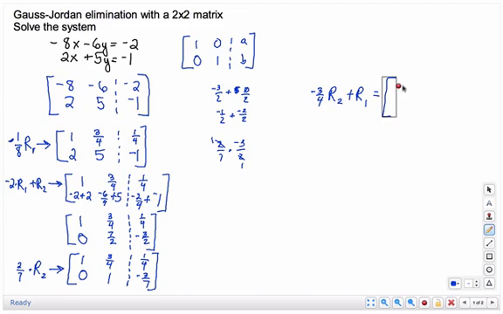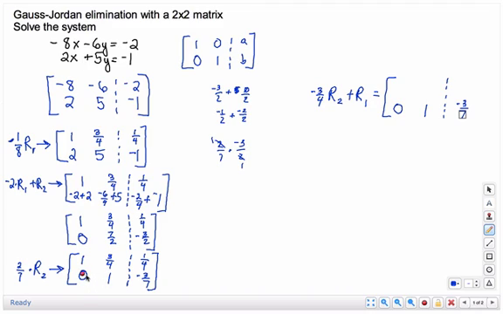Okay, so row 2 is going to stay the same, 0, 1, negative 3/7. Okay, so what we're going to do here again, we're going to go back down here to this matrix, and we're going to multiply row 2 by a negative 3/4.